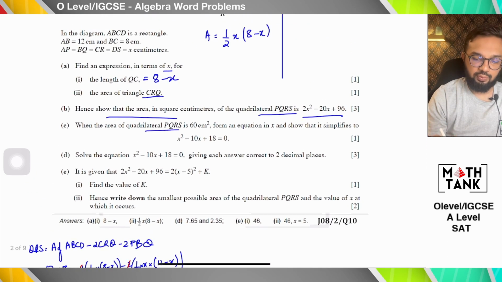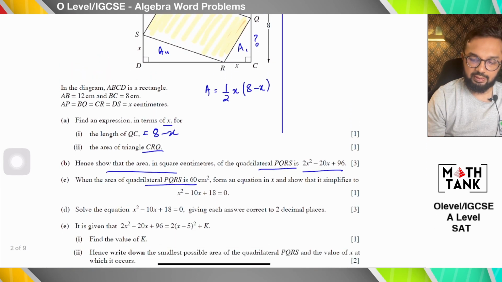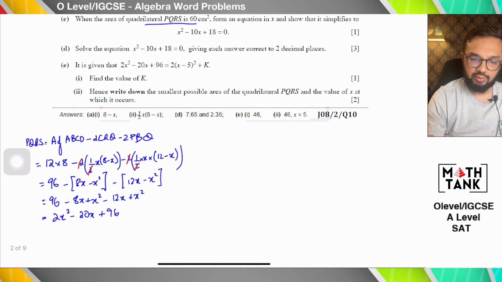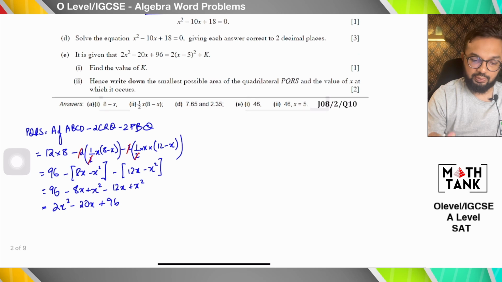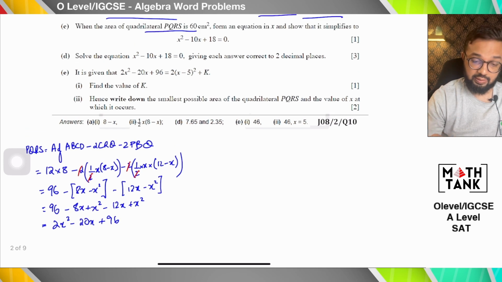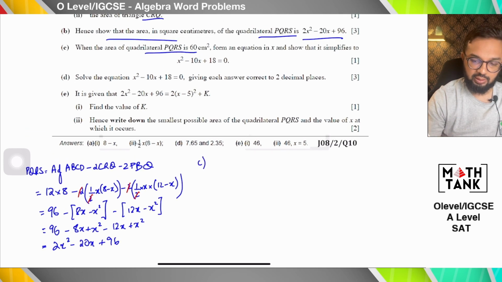And it says when the area of the quadrilateral PQRS is 60, form an equation in x and show that it simplifies to this. So when PQRS is 60, I need to use the previous part, and I'm going to say that 60 equals 2x squared minus 20x plus 96.